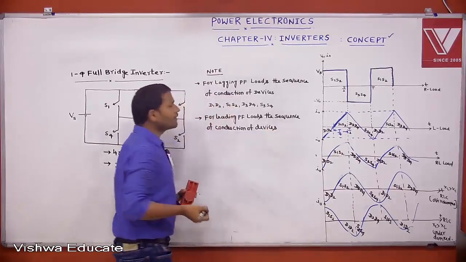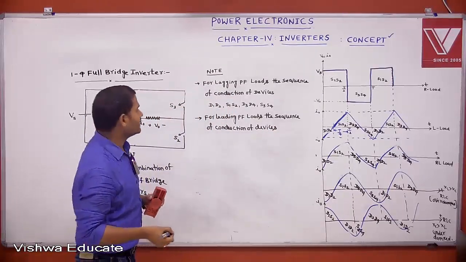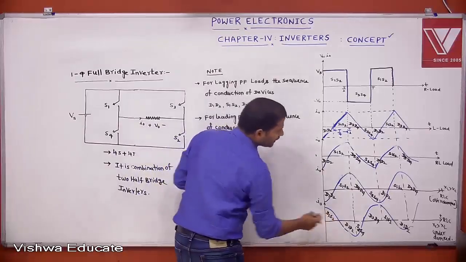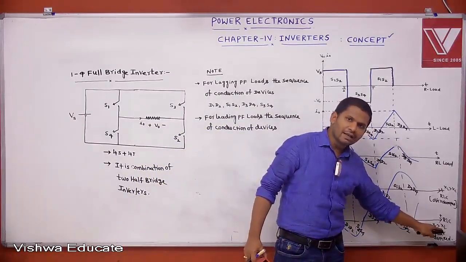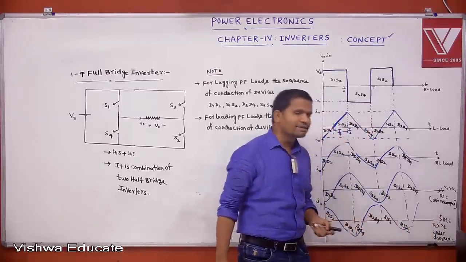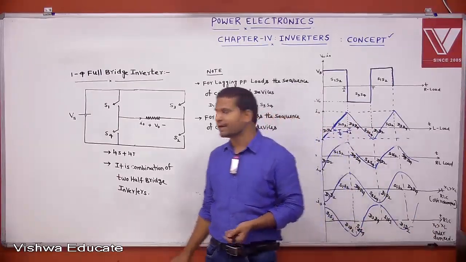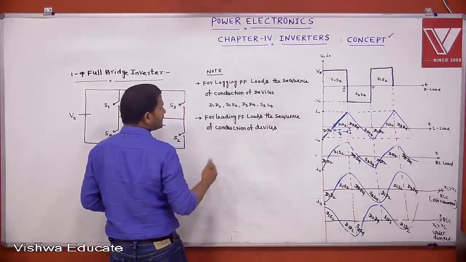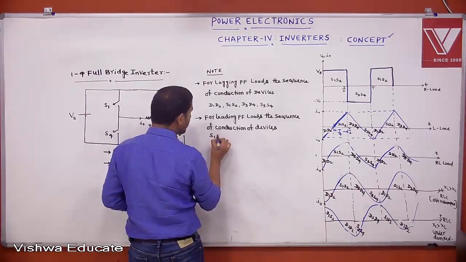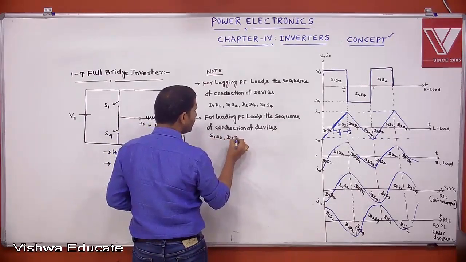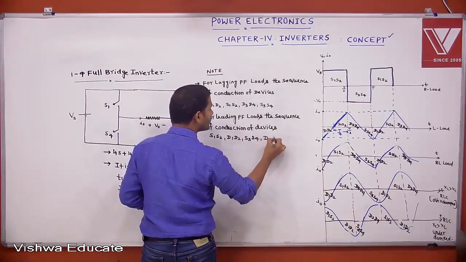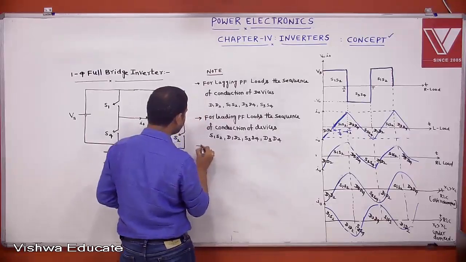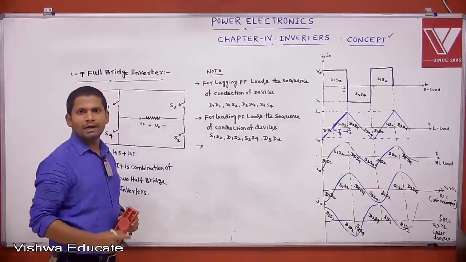Yes. First switch, next diode. In RLC, XC greater than XL means leading condition. Okay. The sequence of conduction of devices: S1, S2, D1, D2, S3, S4, D3, D4. Understand? Quick. Parallelly note down.